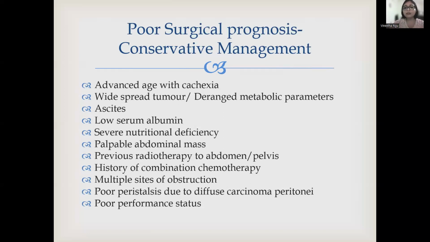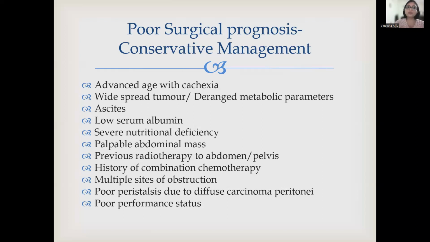And history of combination chemotherapy: if there has been a history of multiple chemotherapies being given, that is first line chemotherapy, second line chemotherapy, and multiple lines of chemotherapy have been tried for this patient, it itself says that this patient is of poor prognosis and low responsive to treatment.